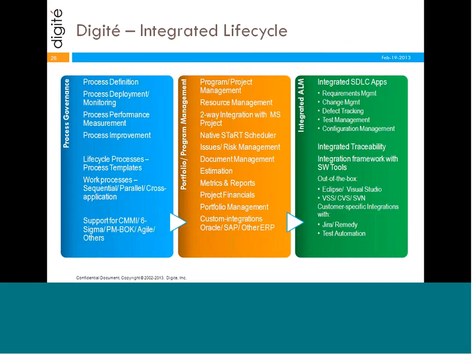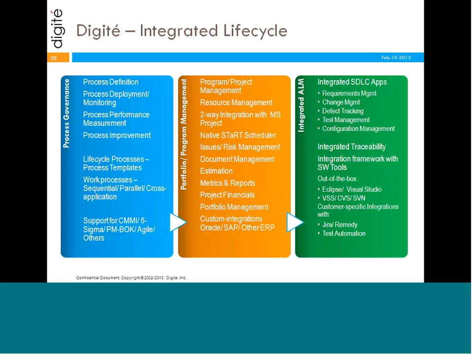Just a quick deep dive into the capabilities in each of those blocks of capabilities. So first of all, under the process governance, there is the full ability to define processes, to deploy them, and then monitor their performance, and come back for process improvement on a continuous basis.